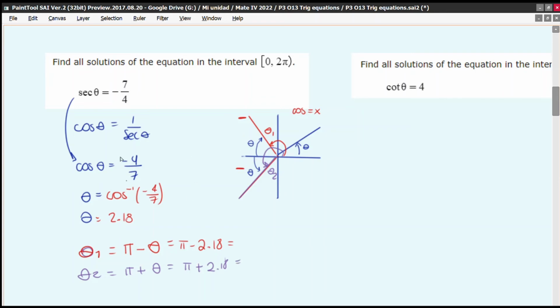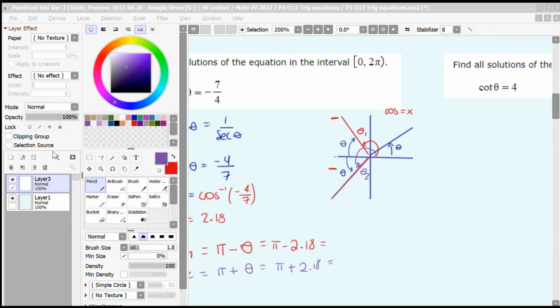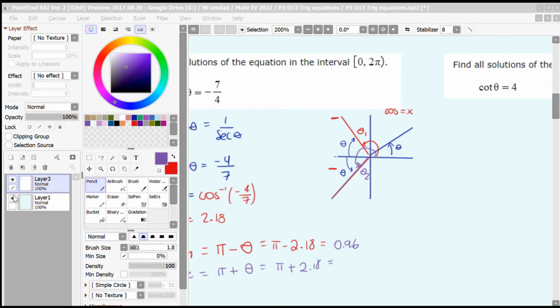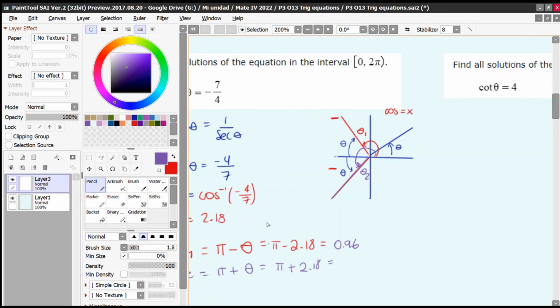So if I plug this into the calculator, this is pi minus answer, 0.96, and the other one is pi plus sine inverse of minus 4/7, and this is 2.53.